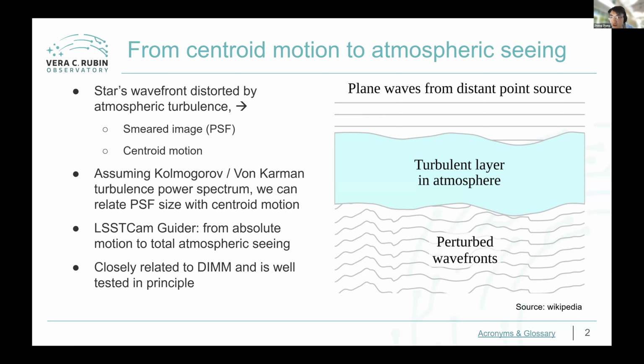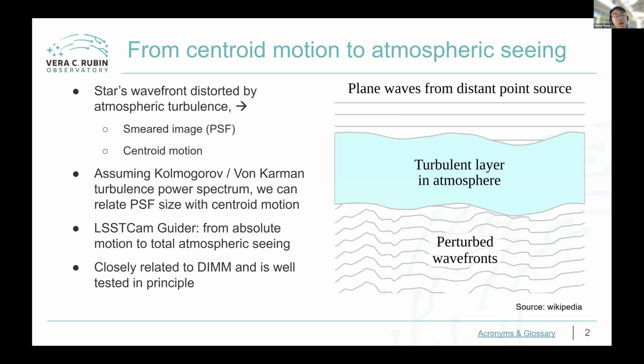Those photons land on slightly different places on the focal plane. As a result, we have two effects. The first is that it smears the image, which is known as the point spread function, the PSF. The other effect is centroid motion. If you look at a star in some instantaneous exposures, you'd see the centroid move, like a jitter.